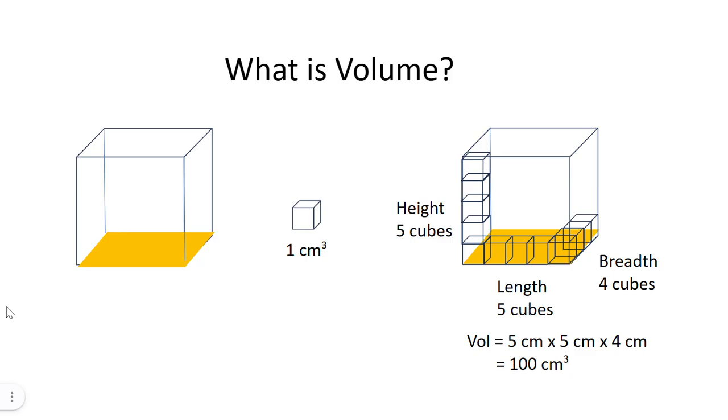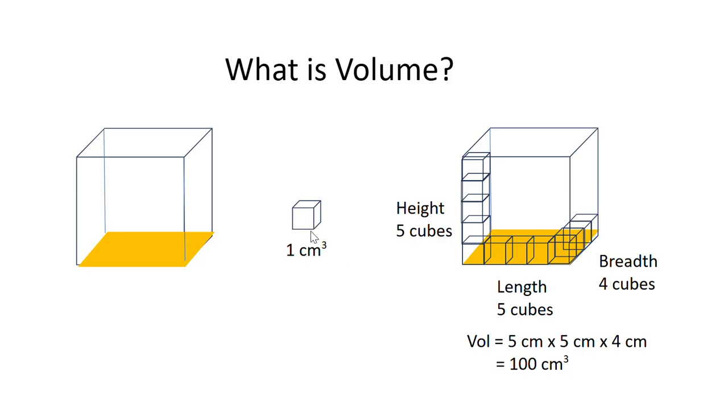Next, what is the volume? In P5 they learned that given an object, if you want to find the volume of this object, the example given is that you have a 1 centimeter cube. Remember, we just learned that a 1 centimeter cube means that it's 1 centimeter by 1 centimeter by 1 centimeter height.